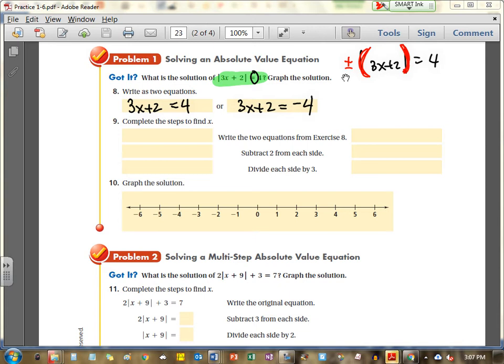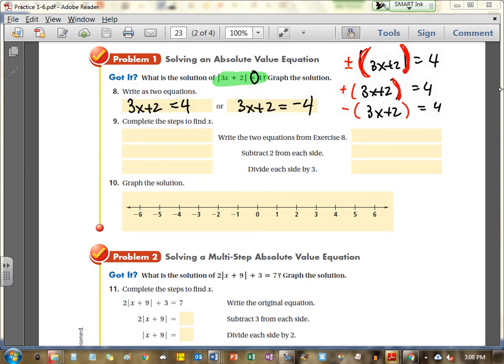And the second thing you do is you write this as 2 statements. So first you write it as positive 3x plus 2 is 4. And then you separate it as a separate problem. Negative 3x plus 2 is 4.